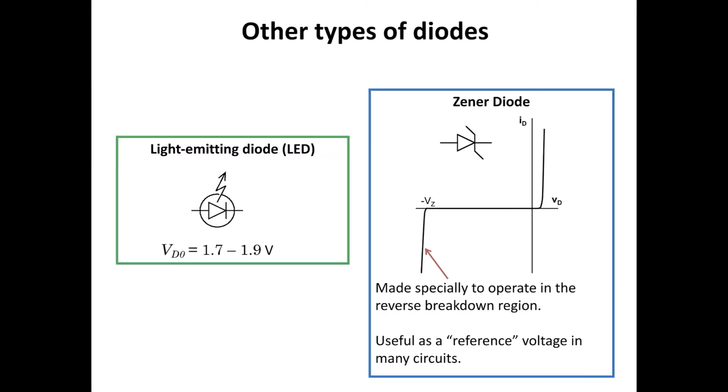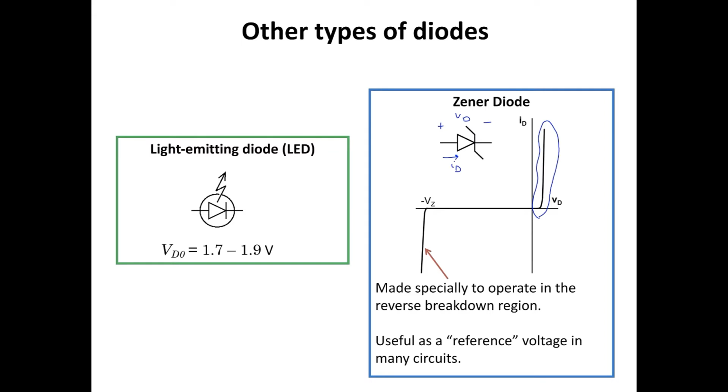The second diode type that we're going to see in this course is a Zener diode. Zener diode is a special PN junction diode that can operate both when it is forward biased and when it is reverse biased. So like a regular PN junction diode, when it is forward biased and VD reaches VD0 value, so this is VD and this is ID.